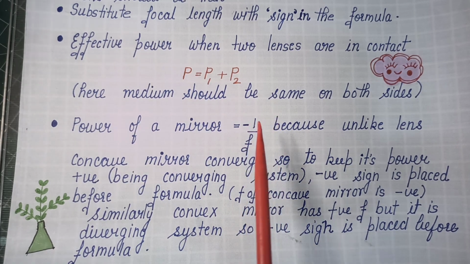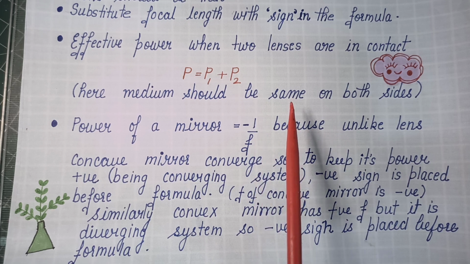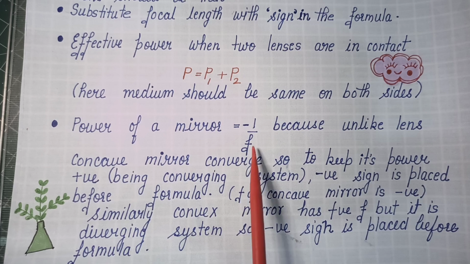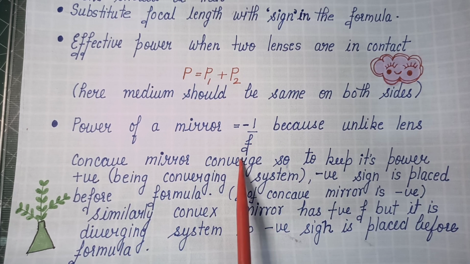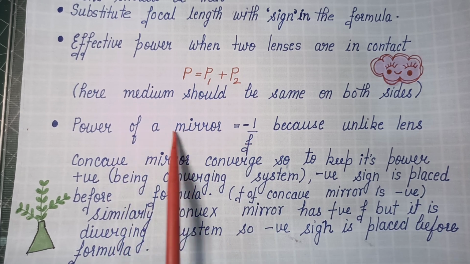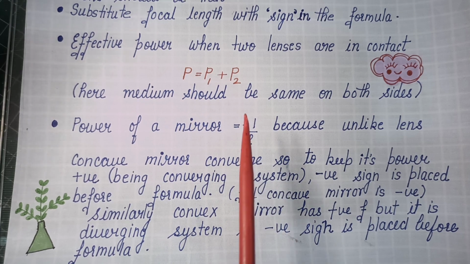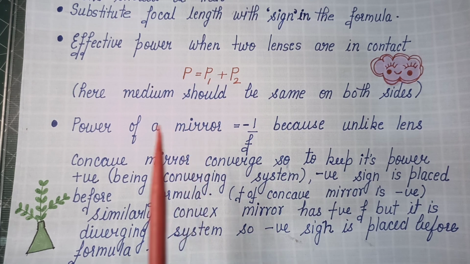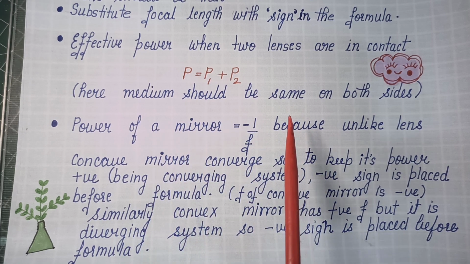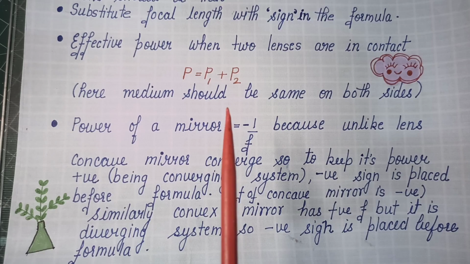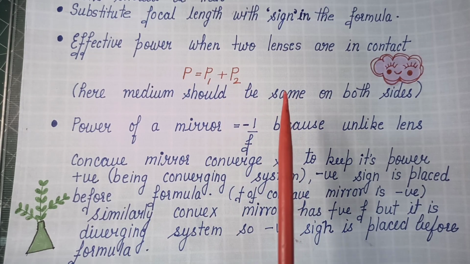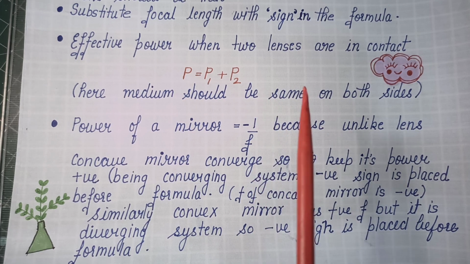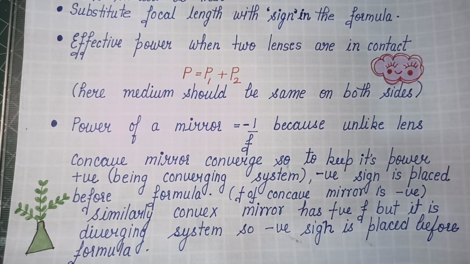So to keep the power of a concave mirror positive, we put power as -1 upon f. When we place the focal length of a concave mirror with minus sign, the power of the concave mirror becomes positive. So always remember, the power of a converging system is positive and the power of a diverging system is negative. No matter which lens is behaving as a diverging system, its power will be negative, and which lens is behaving as a converging system, its power will be positive.